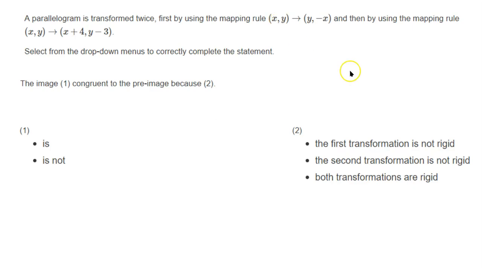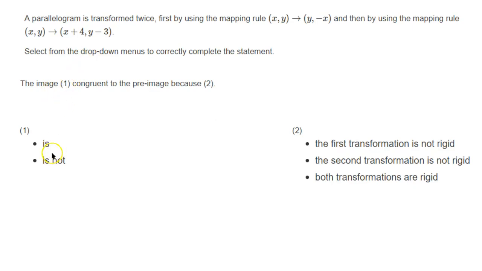First, by using the mapping rule (x, y) maps to (y, -x), and then by using the mapping rule (x, y) maps to (x + 4, y - 3).